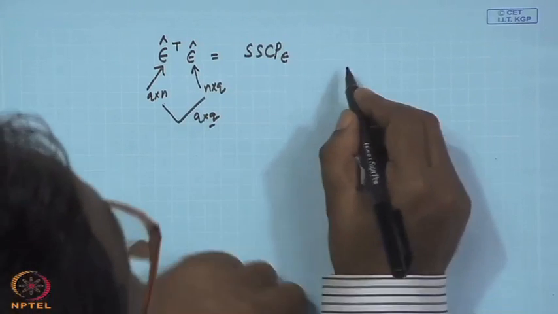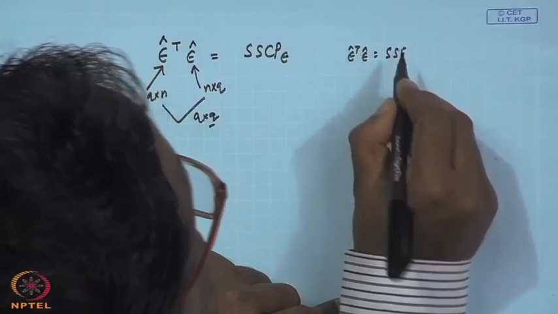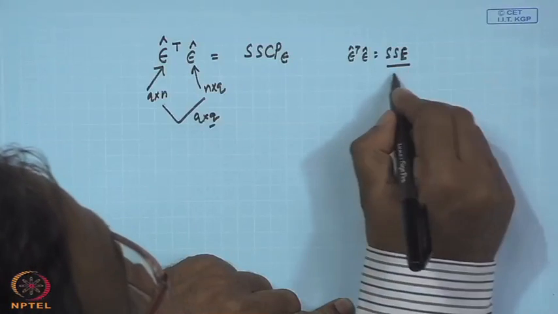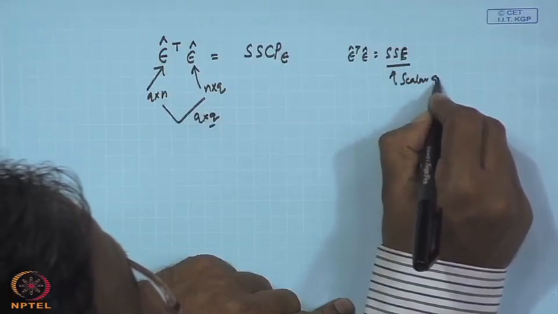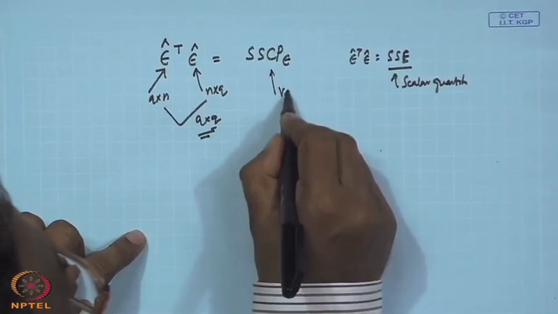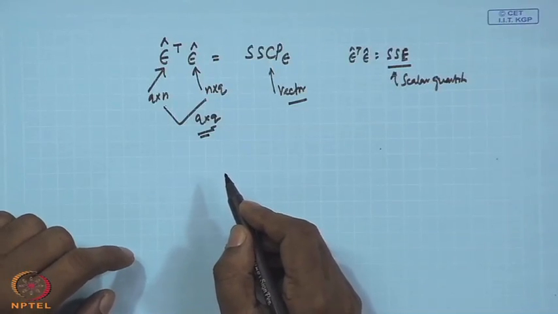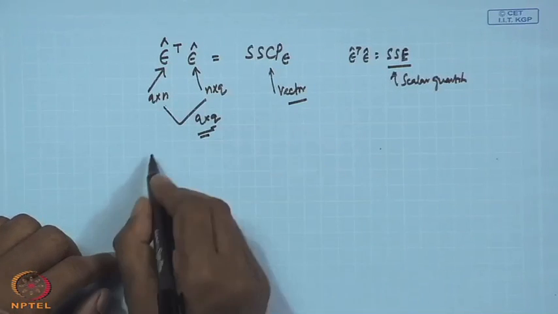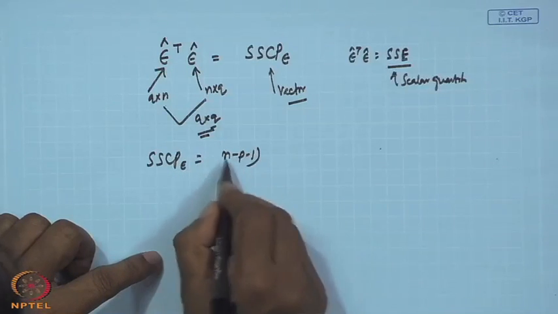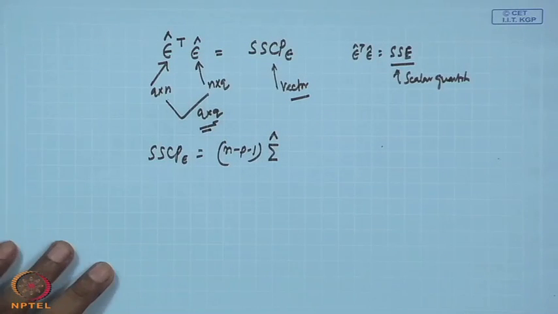In MLR, when you wrote epsilon transpose epsilon, you called it SSE and it was a scalar quantity. But here this is a q cross q matrix. Getting me? And this value, SSCPE, is n minus p minus 1 into capital sigma.